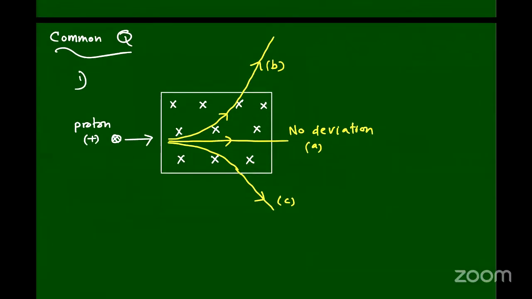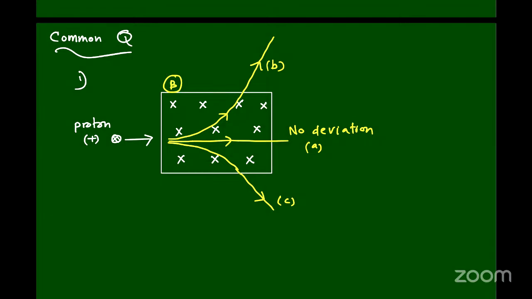So here we are dealing with what factors? We are dealing with the magnetic field direction. So that is B, magnetic field. And they are asking what is the direction of the movement?